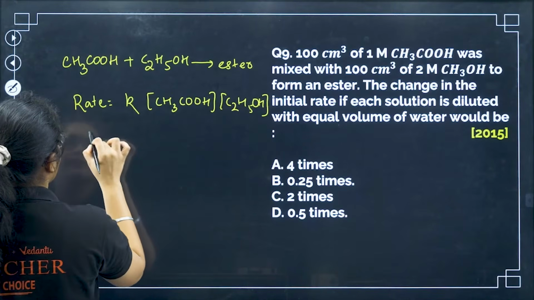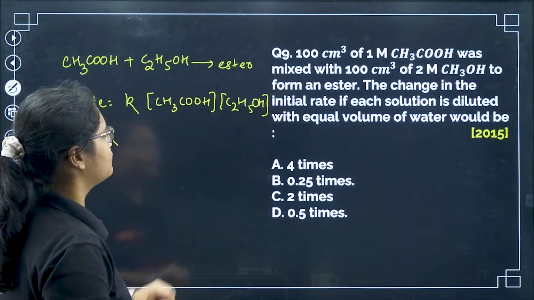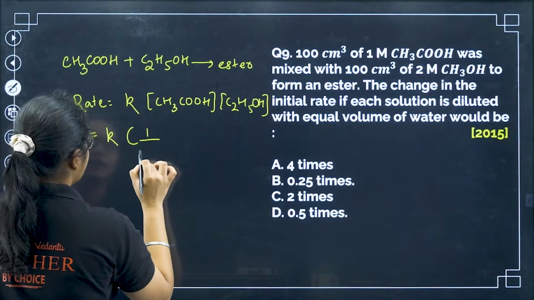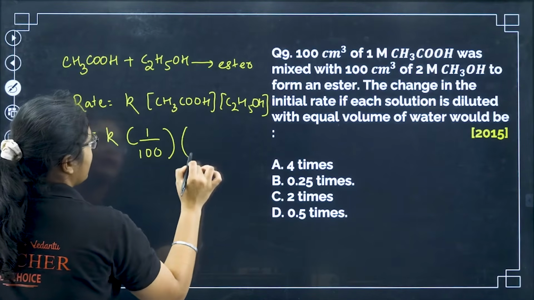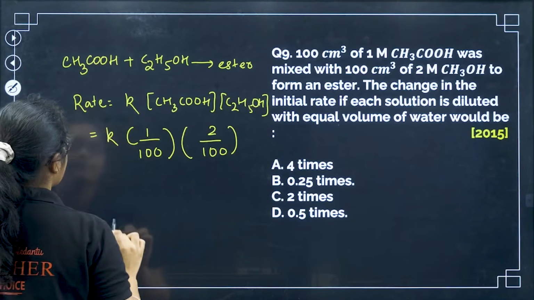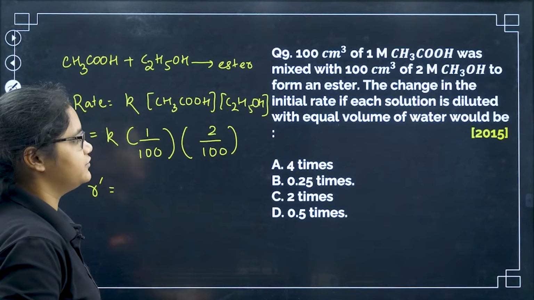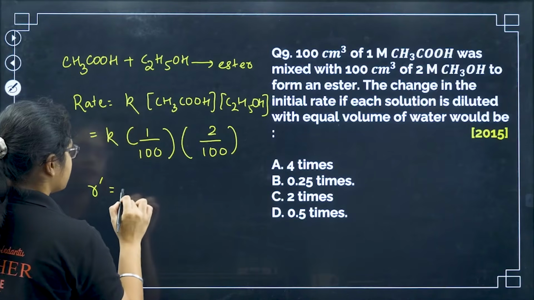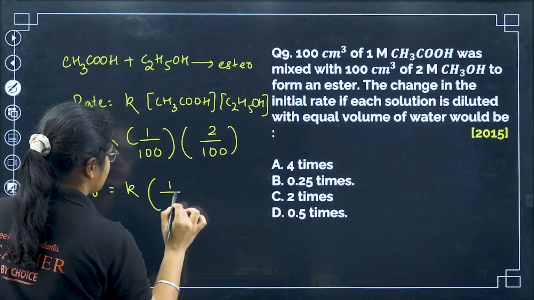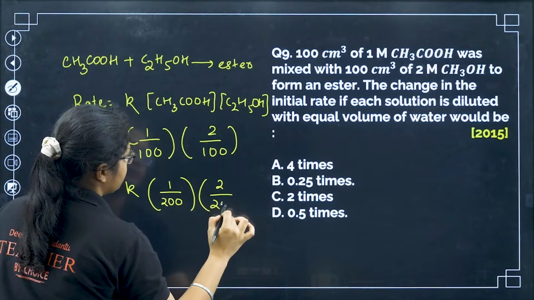C2H5OH. Okay, now here I'll give K into CH3COOH is 1 molar by 100 centimeter cube, and here I have 2 molar by 100 centimeter cube. Okay, now rate dash, R dash will be when the concentration has changed. Okay, so in both the cases the volume has doubled, so it is 1 by 200 and I have 2 by 200.